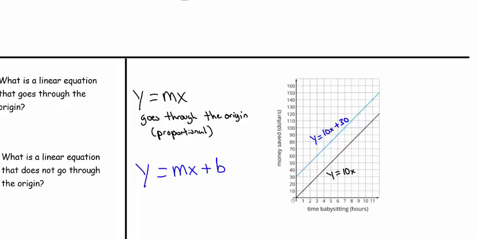And this one does not go through the origin, and that is non-proportional.